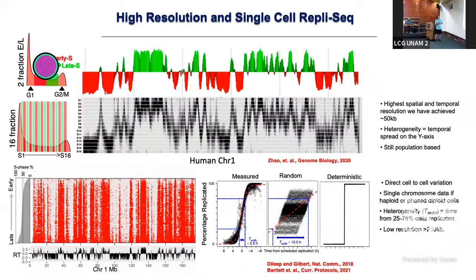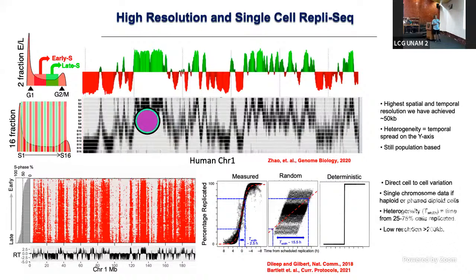Instead of making a log ratio, we sequence each of these fractions individually and then make a heat map of the density of sequences in each of these temporal windows from S1 down to S16. You can see that this profile resembles the lower resolution E over L, but it has a lot more detail.